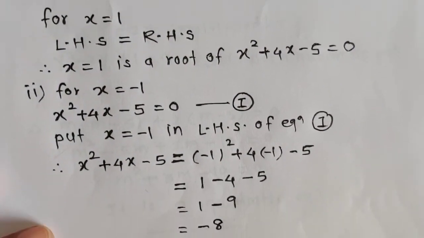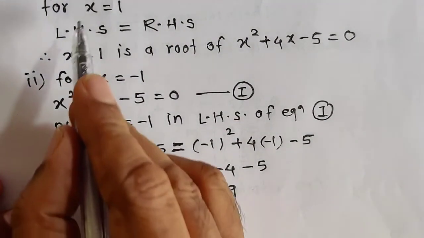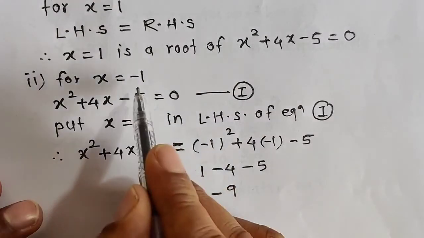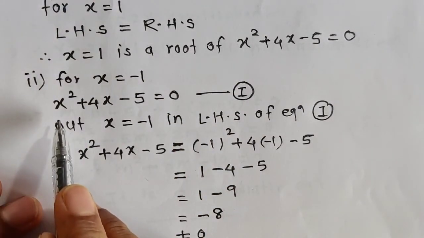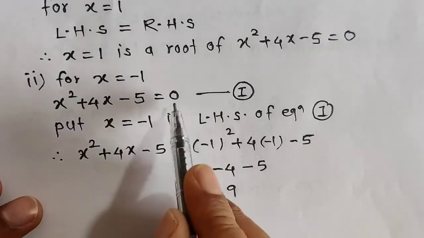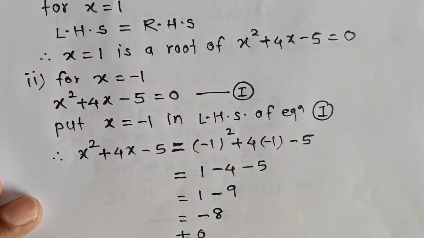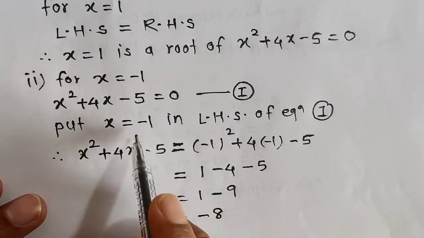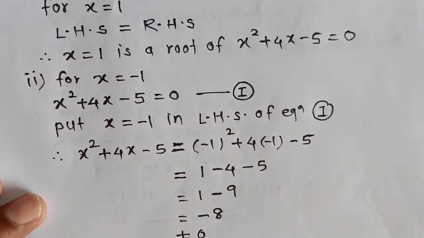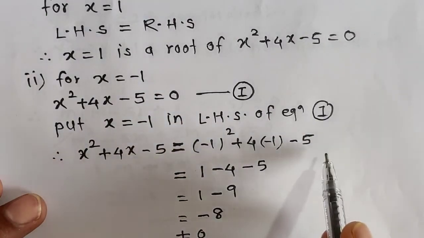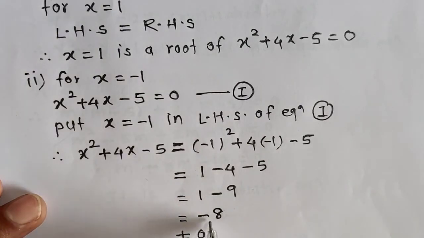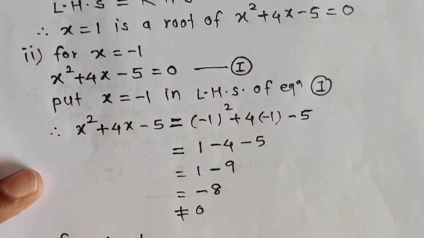Second thing, for x is equal to -1, the second value, write the given equation again. x square plus 4x minus 5 is equal to 0. Let it be equation 1. Now put the given value in the left hand side of that equation. Write the left hand side of that equation. Put x is equal to -1 and calculate. It is -8, means not equal to 0.